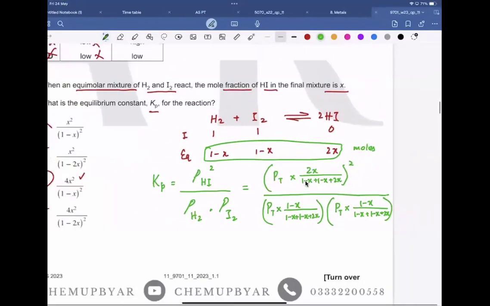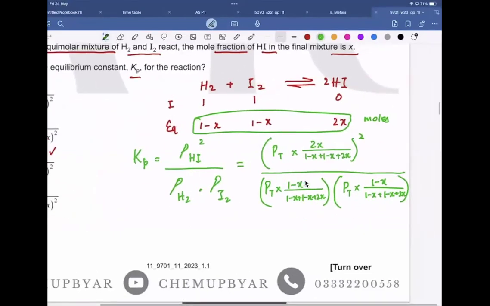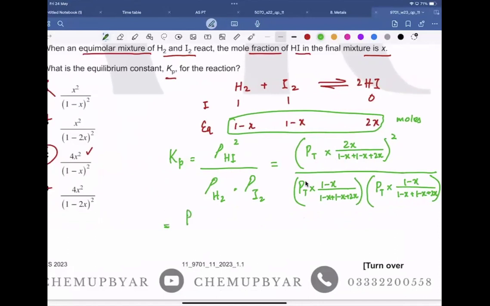Now, see, can't I write this as Pt into 2x over 1 minus x plus 1 minus x plus 2x, whole square, and in the denominator it also becomes a square, Pt times 1 minus x over 1 minus x plus 1 minus x plus 2x, and that is also going to be whole square.